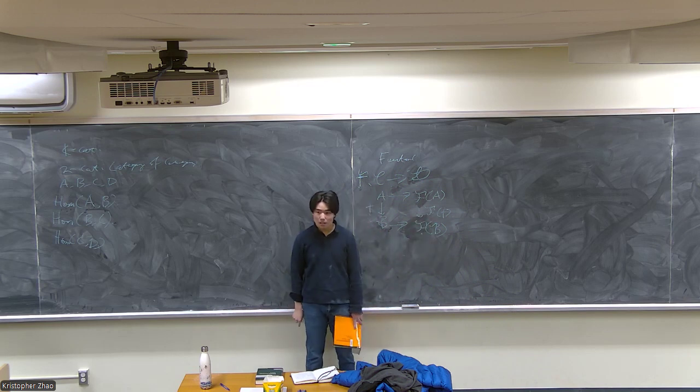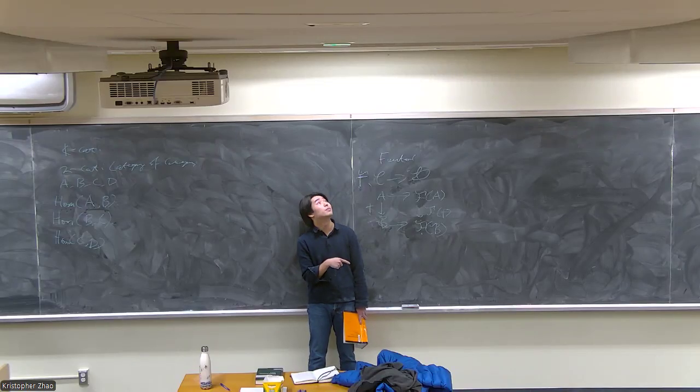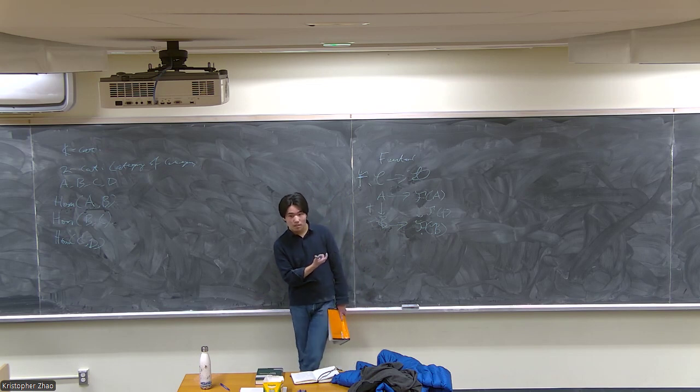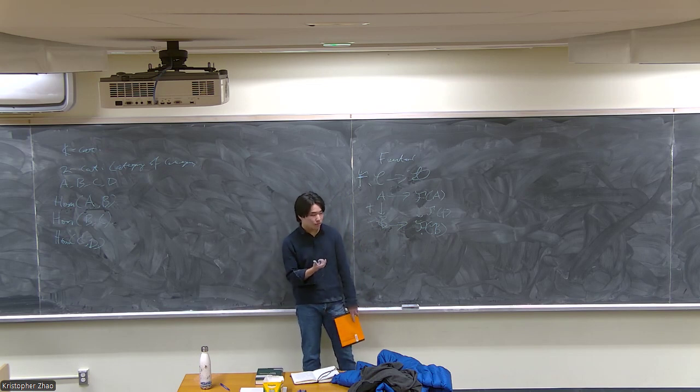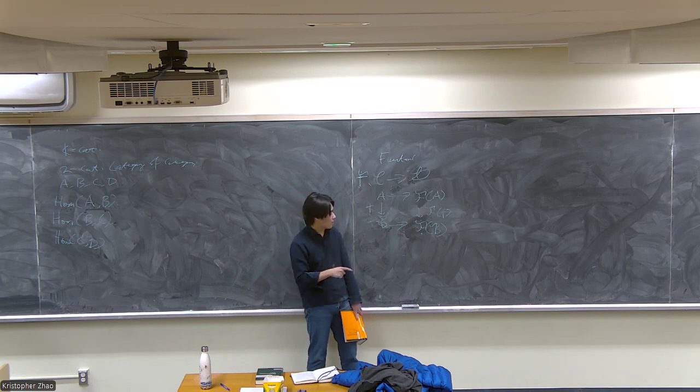For example, the forgetful functor from vector spaces to sets just forgets the vector space structure. Or we have span, which is the adjoint of that: you give it a set and it gives you a vector space of the corresponding dimension, depending on how large your set is.